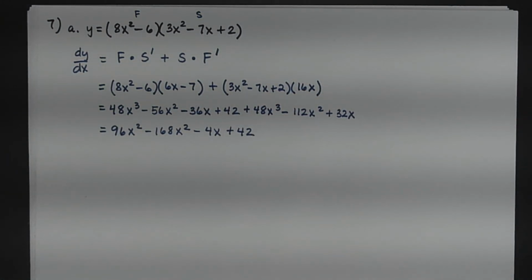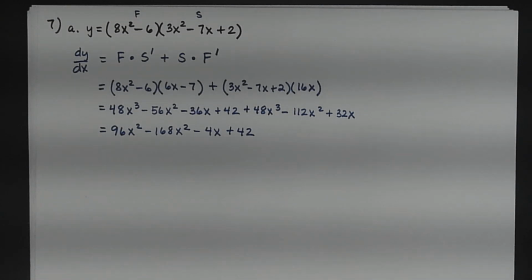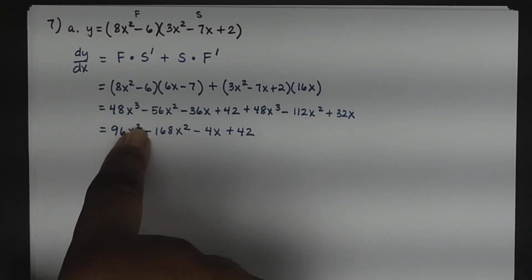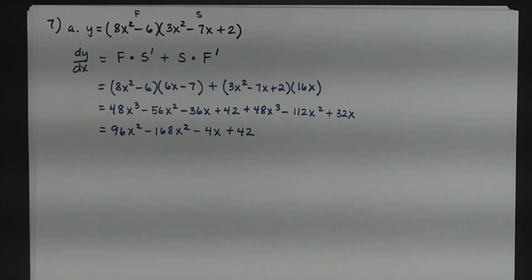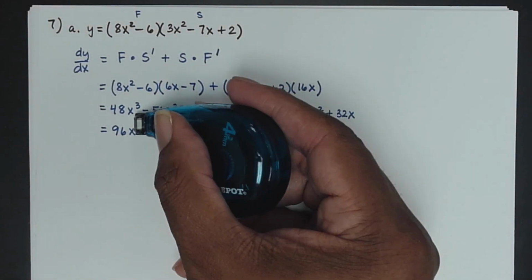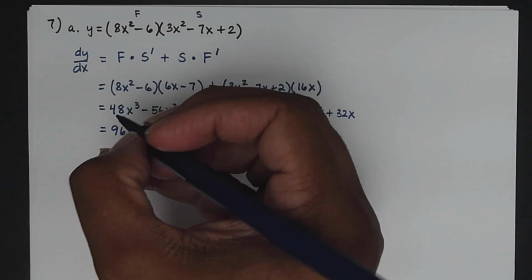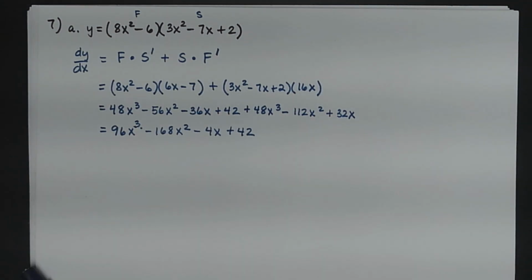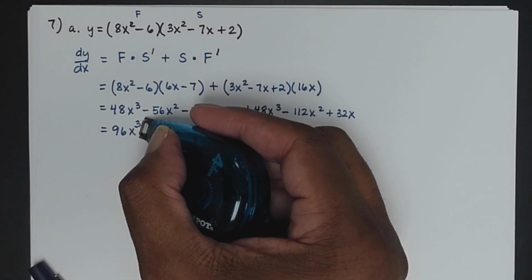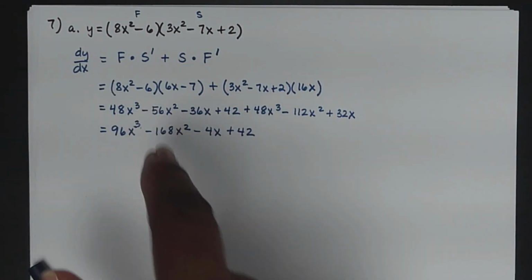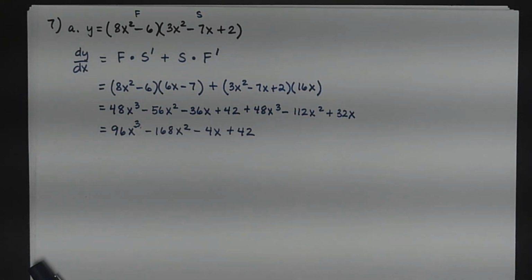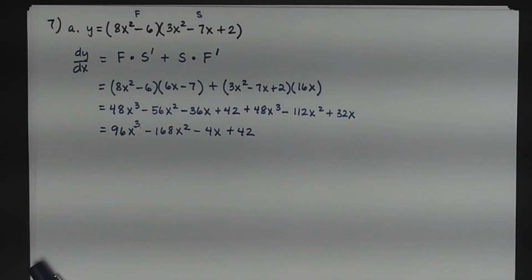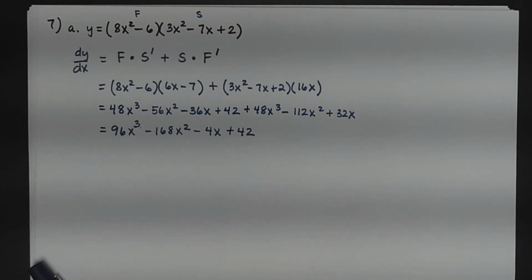So the derivative using the product rule will give you 96x cubed. That's 48x cubed and 48x cubed, that's 96x cubed. My mistake. So it's 96x cubed minus 168x squared minus 4x plus 42. Okay, so that's part A.